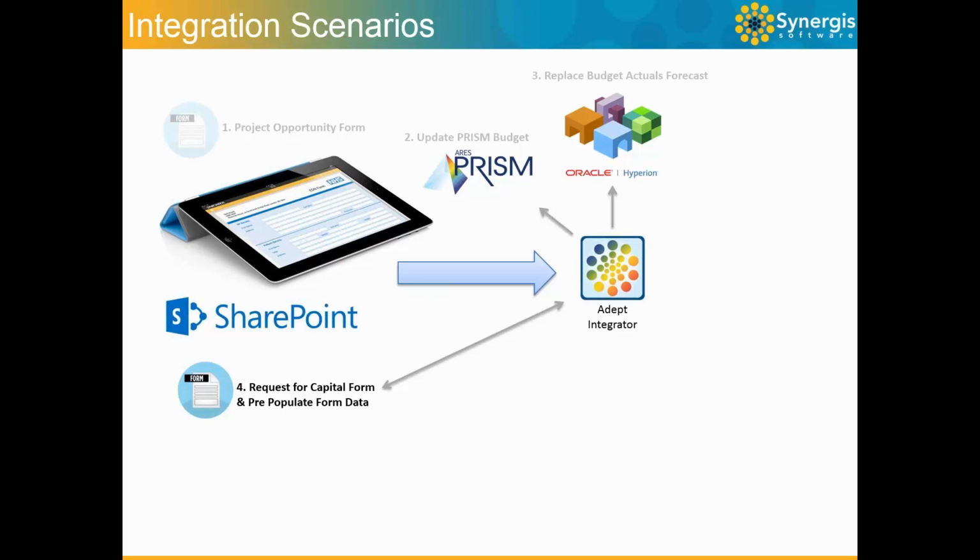And in that process, we would need to go into another form, another area within SharePoint to update that form, or what we would call the request for approval, or the request for capital.